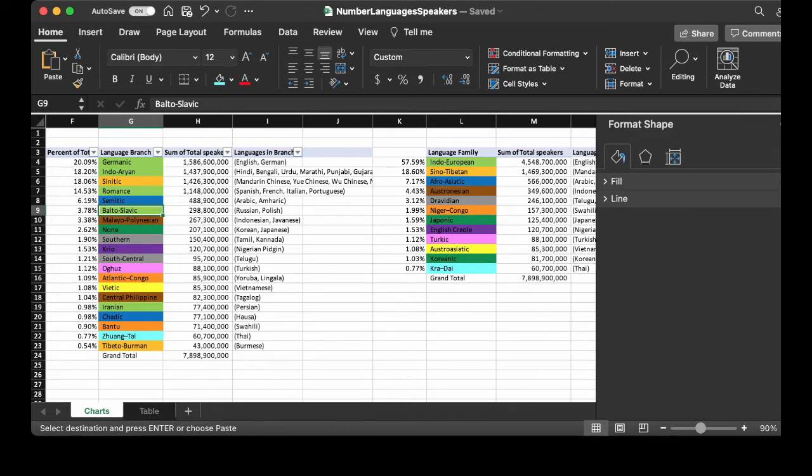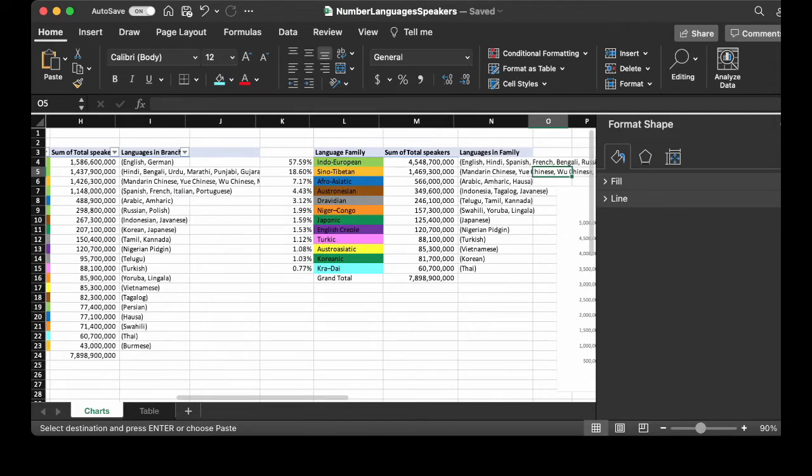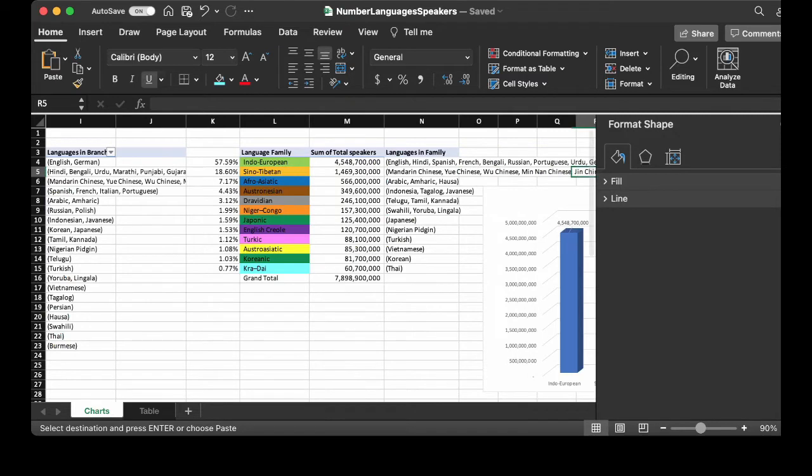The Sino-Tibetan family, you see the different languages, so you have all the different versions of Chinese, such as Mandarin Chinese, Yue Chinese, Wu Chinese, Minnan Chinese, Jin Chinese, Hakka Chinese, and then Burmese.